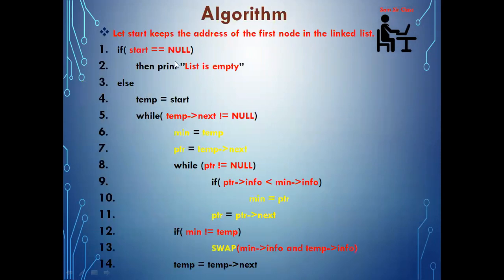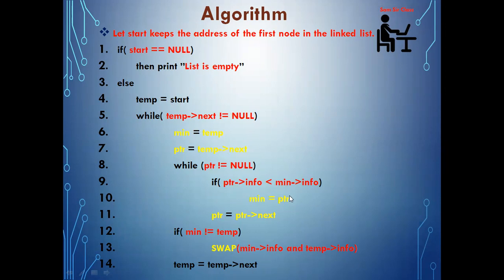So the simple algorithm we have followed is that first we check whether the list is empty or not. If not, then we apply selection sort: we assign min to temp, and ptr is the next node of temp. Then till ptr is not equal to null, we do the same procedure. Anywhere we get a node less than min, we assign that address to min.